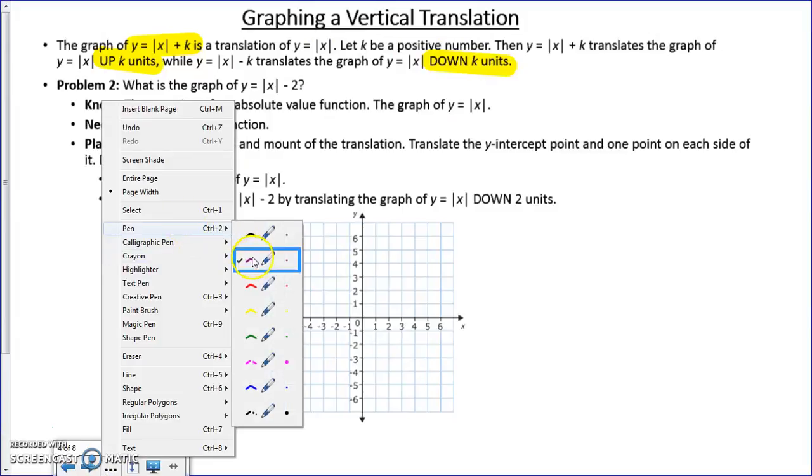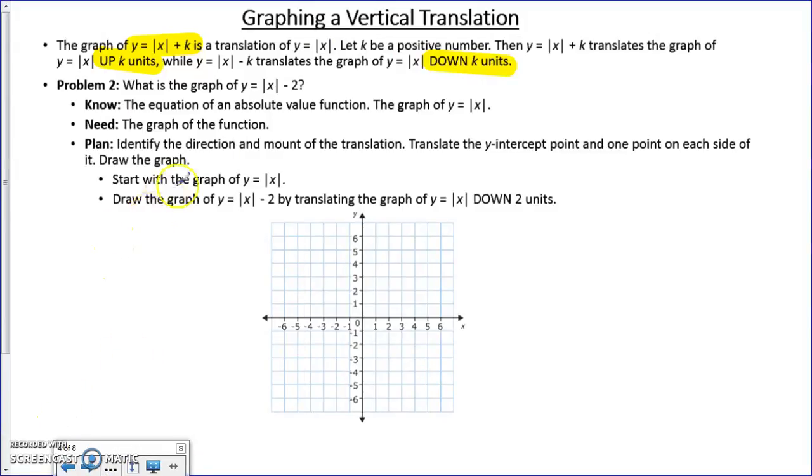So let's look at problem 2. What is the graph of y equals the absolute value of x minus 2? We know the equation of the absolute value function, and we need the graph of this function. Let's identify the direction and amount of the translation, translate the y-intercept point and one point on each side of it, and draw the graph.